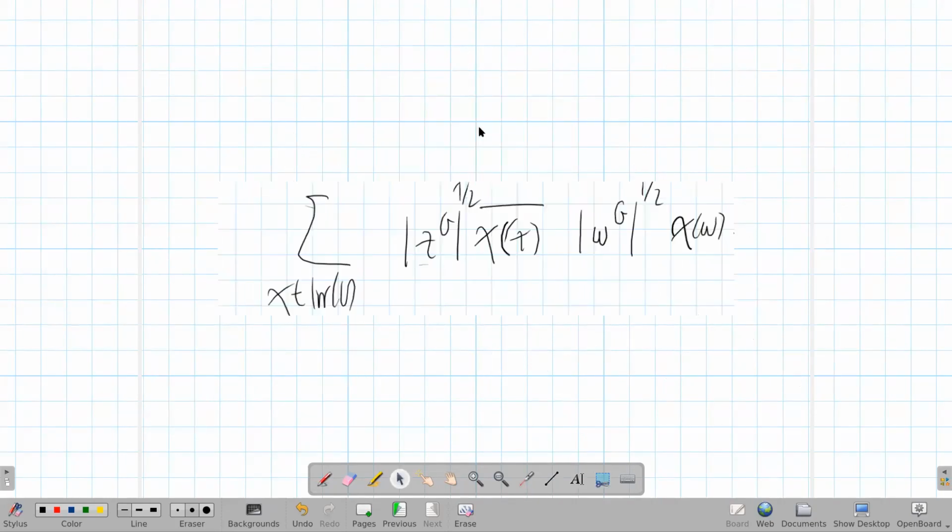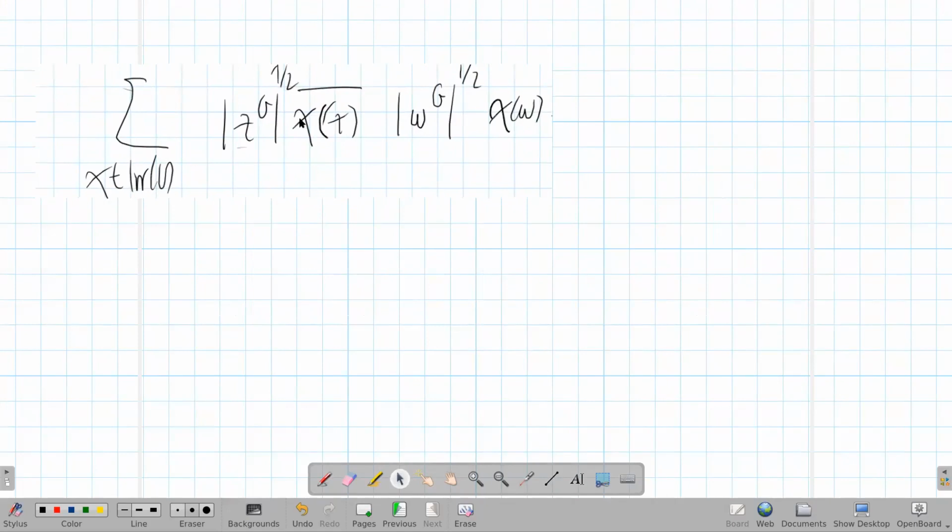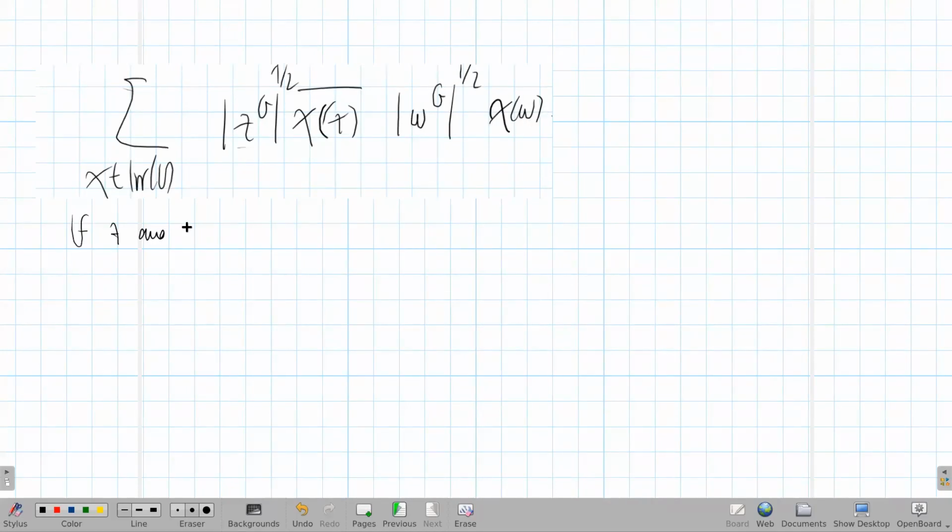So if Z and W are conjugate, then of course this order equals this, because they have the same conjugacy class, and the same goes for the square, and also the value of the character is the same.